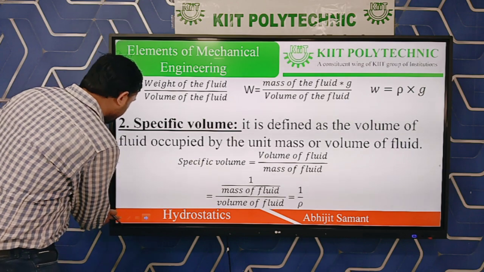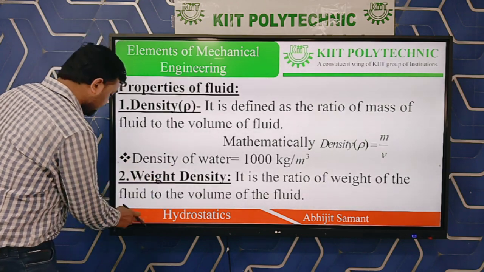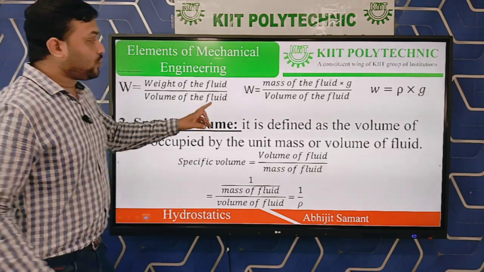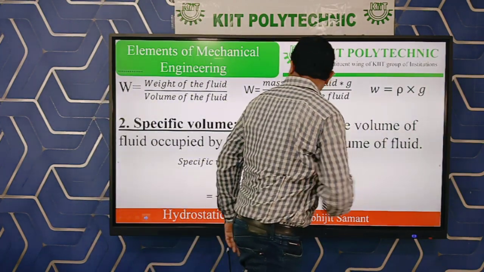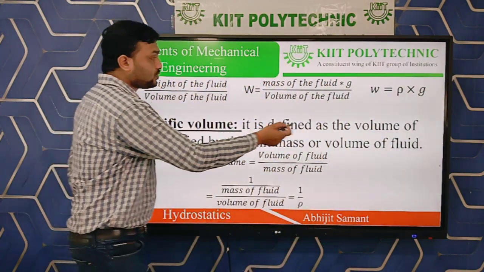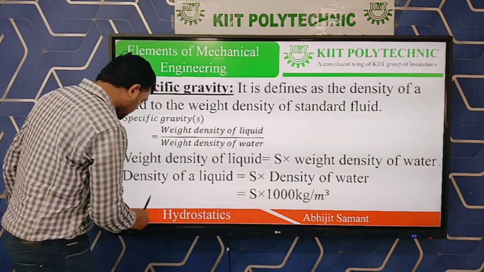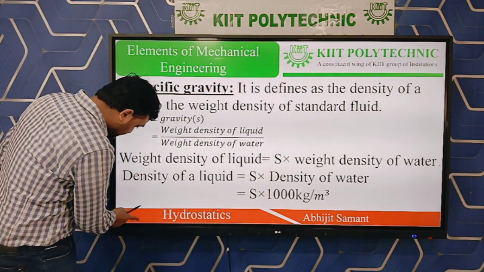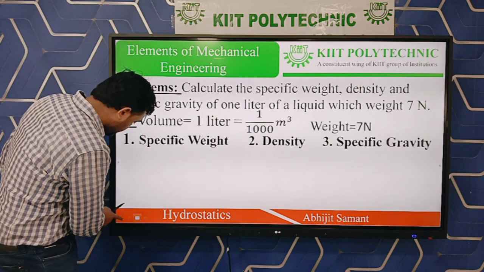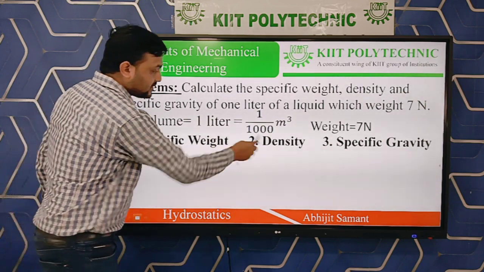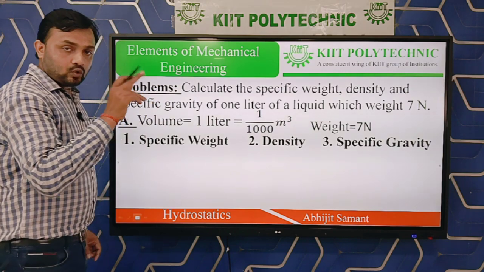This is the specific weight, or weight density. Here we can write weight density W equal to rho into g. This formula we have to use in case of density.